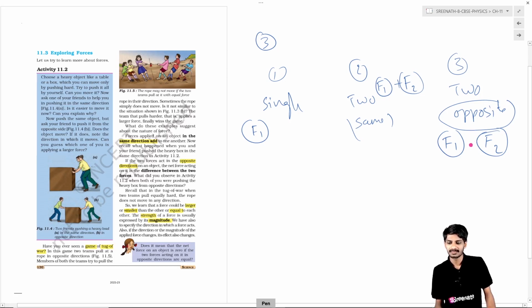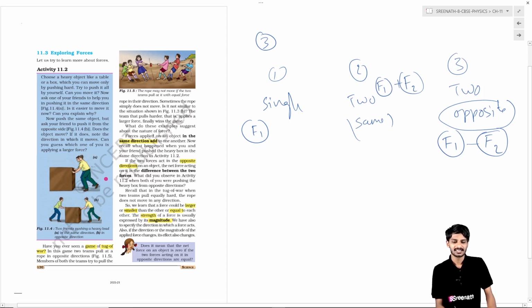In this case, I have represented plus here, and minus here. Why? In this case both forces are acting in one direction, so I have added both the forces.